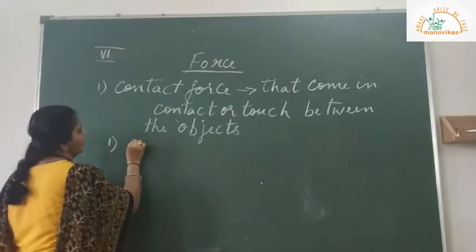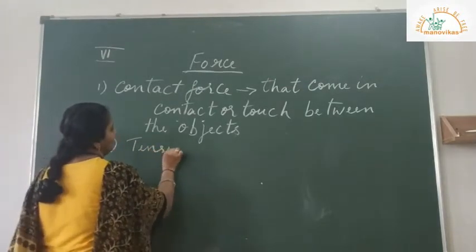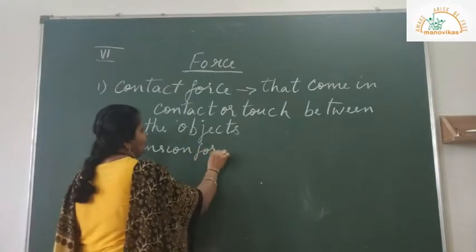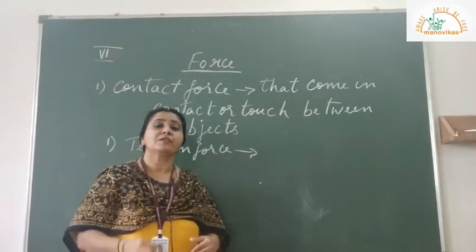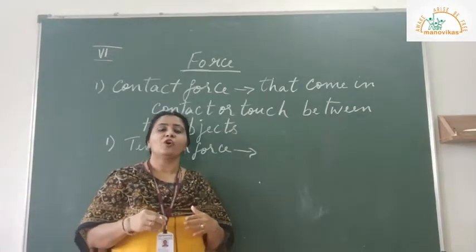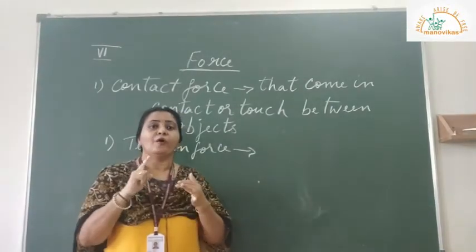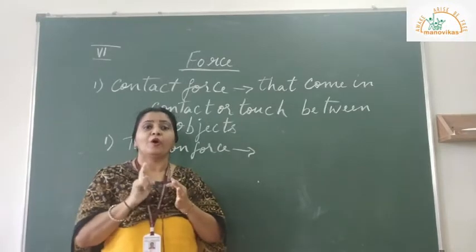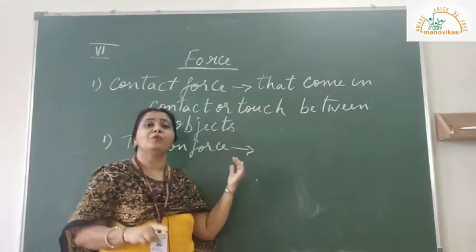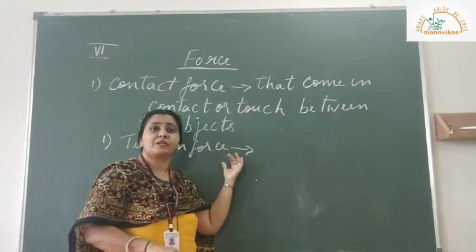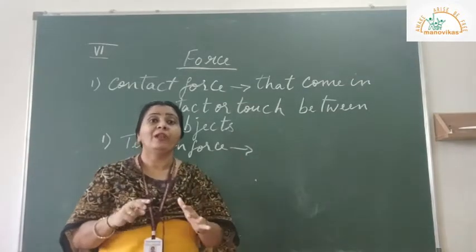First one is the tension force. Tension force means the force that acts on a string or on a wire, on a rope or on a cable. This type of force is known as tension force. It is always a pulling force.